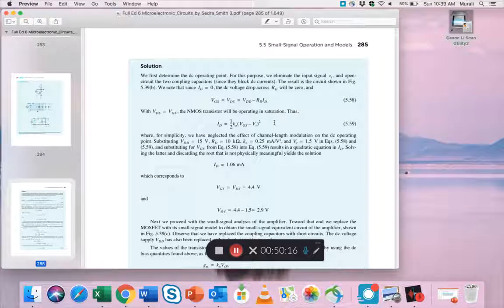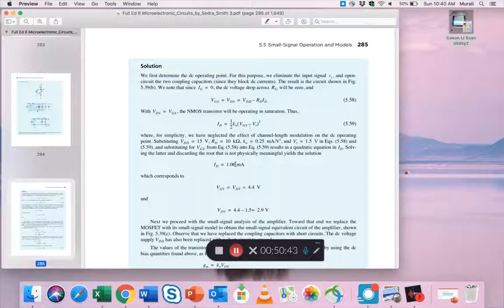So the transistor is in saturation, and so we can find ID just by using this formula, right? So for this calculation, he's neglecting the channel length modulation effect and just substituting all these values. You actually come up with a quadratic expression because it's an equation in the square of VGS.